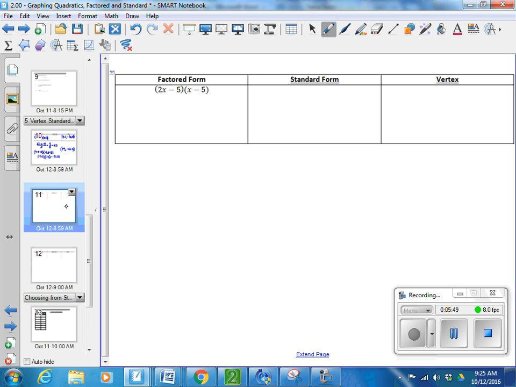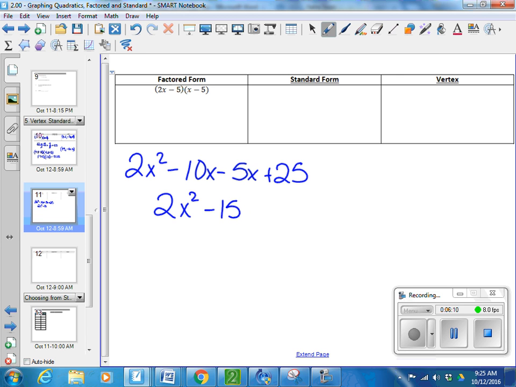That means we would have 2x squared minus 10x minus 5x plus 25. If we simplify this, we'll have 2x squared minus 15x plus 25. That's our standard form.